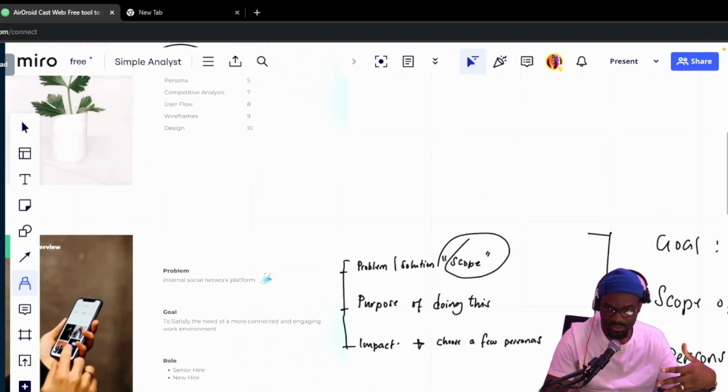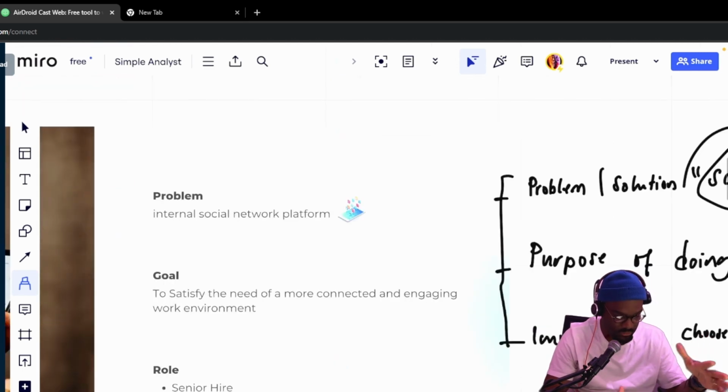And what purpose is it going to serve in terms of their need. Again, we are looking at the overall goal. In my case, it was to satisfy the need for a more connected and engaging work environment. That's why they had this need for an internal social network platform. So this is the goal of what they're trying to achieve in this case.